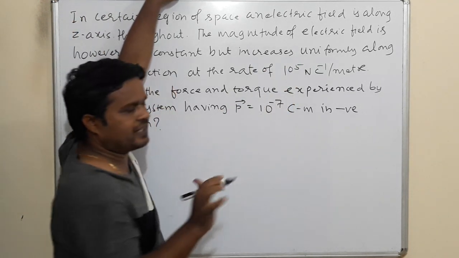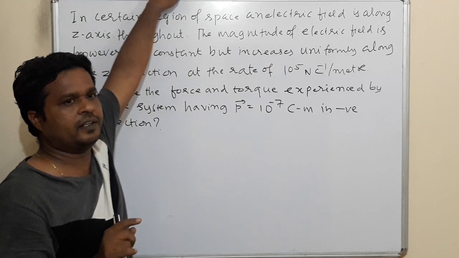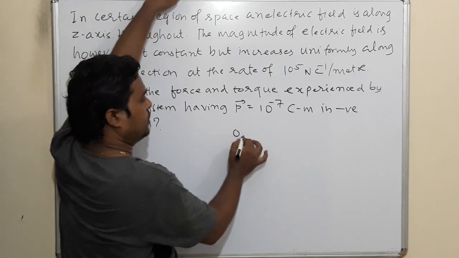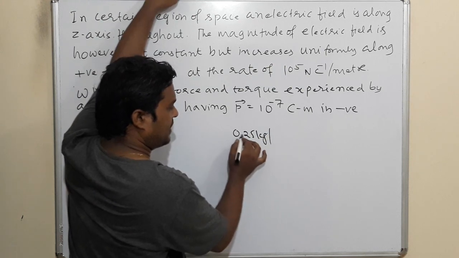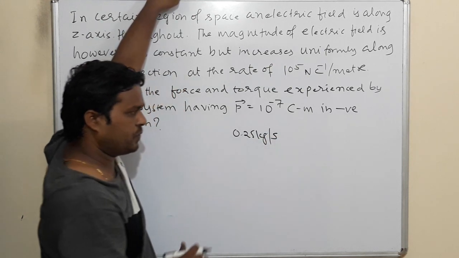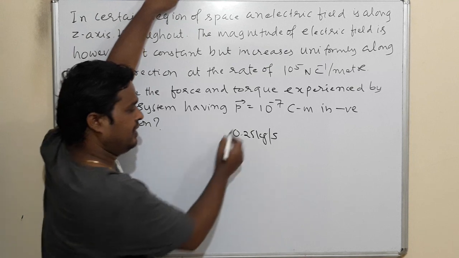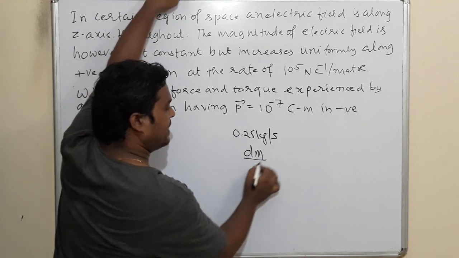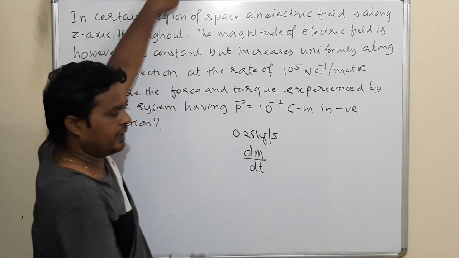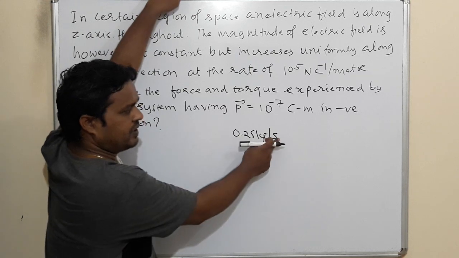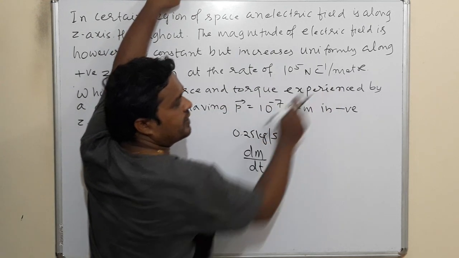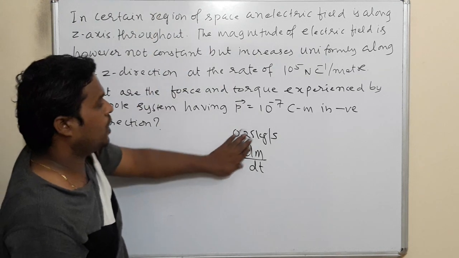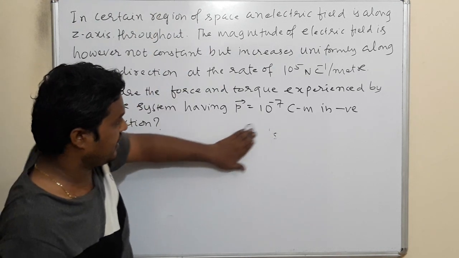See, if the mass of a body is changing at the rate of 0.25 kg per second, then we will take it as dm by dt, rate of change of mass with time. Here it is the rate of change of electric field with distance, that too along positive z direction.